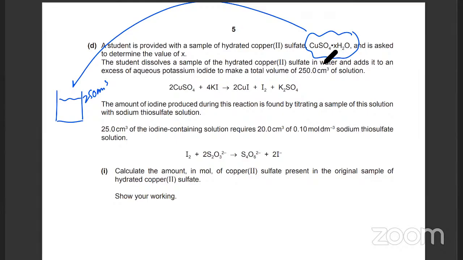The copper sulfate reacts with the potassium iodide to form copper iodide, iodine, and K2SO4. So now what you have in this beaker is a 250 cm3 solution that has copper iodide, iodine, and K2SO4. Okay, so I just sketch everything.